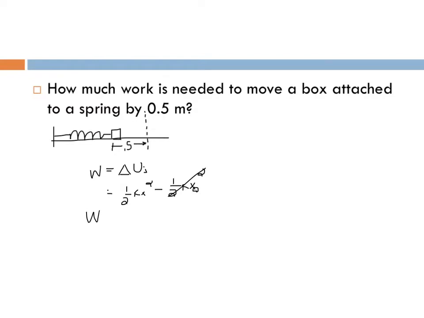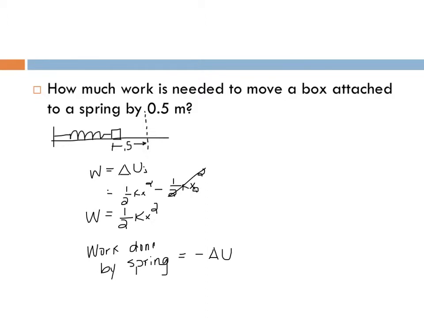So again, the work that I need to do is equal to 1/2 kx squared. But again, the work done by a spring is equal to my negative change in potential.